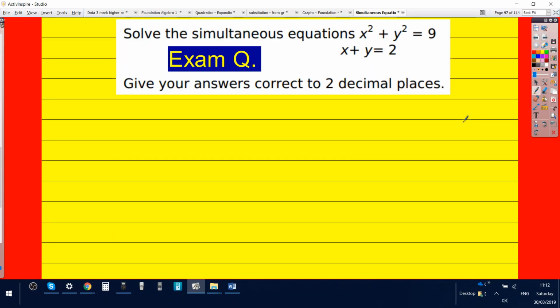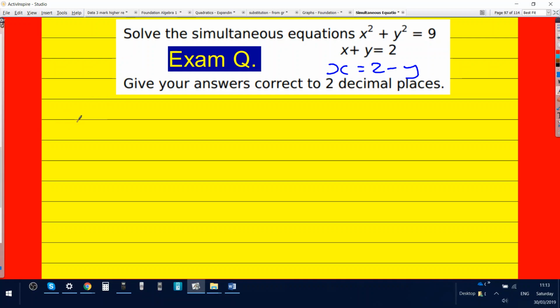How do we do this one? You would try and make x or y the subject, so you could take away y. What would you get? X equals 2 minus y. What would you do next?